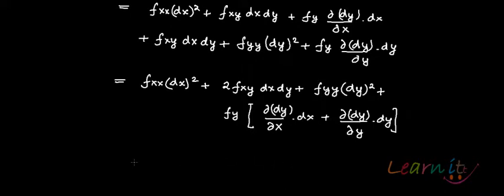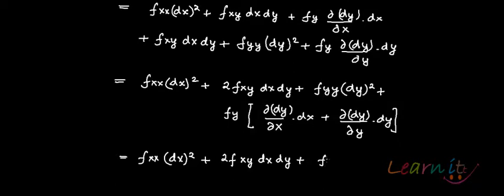So what you will have eventually is f of xx dx square plus 2fxy dx dy plus f of yy dy square plus f of y d of y. This is what you will have from here.